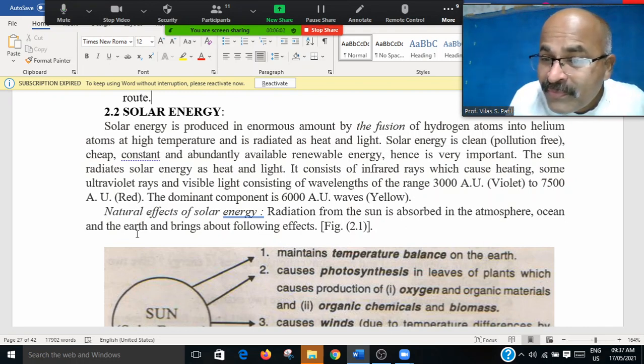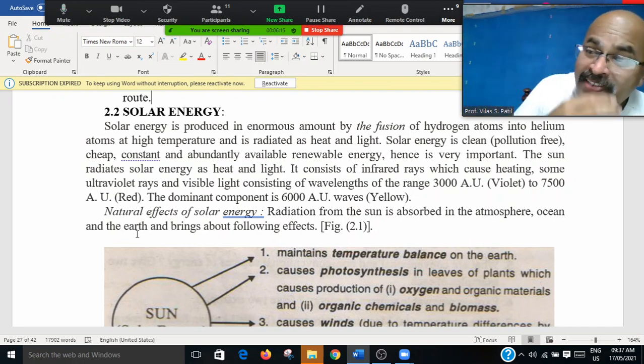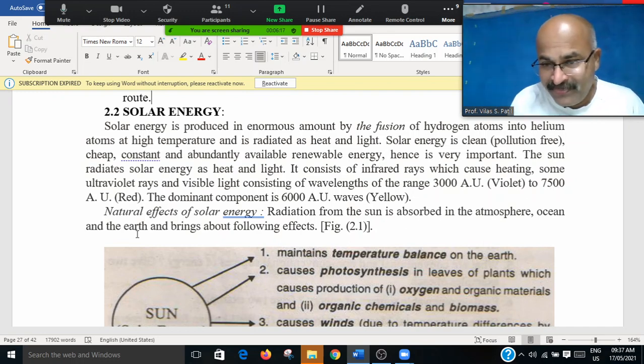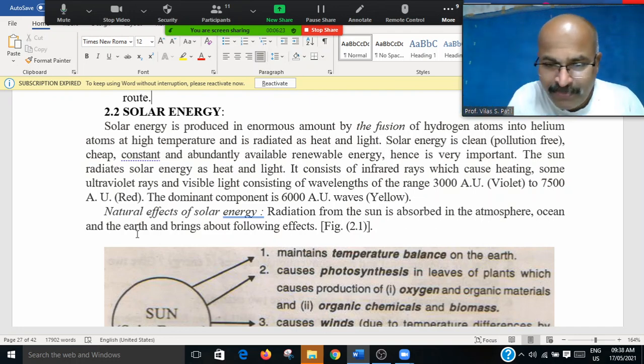We can see the red color, yellow color, green color. The life of the human being is colorful due to the visible band. Ultraviolet also produces heat, causing the heat effect.